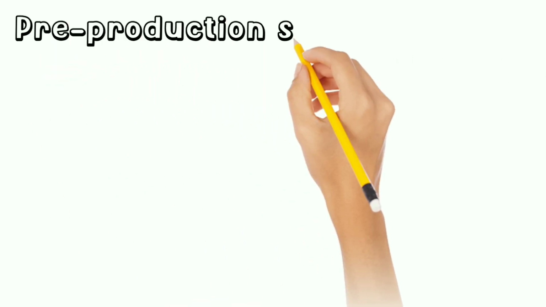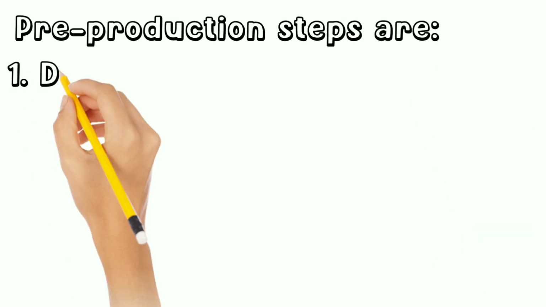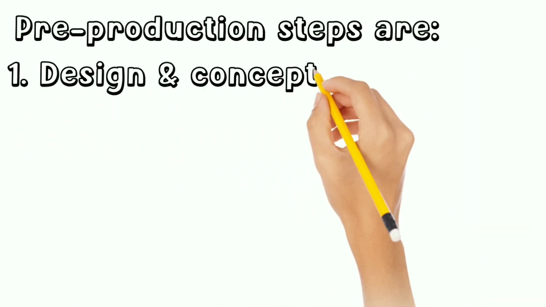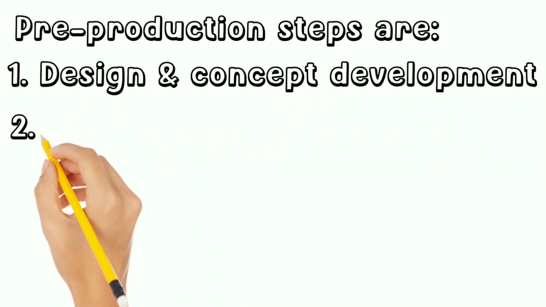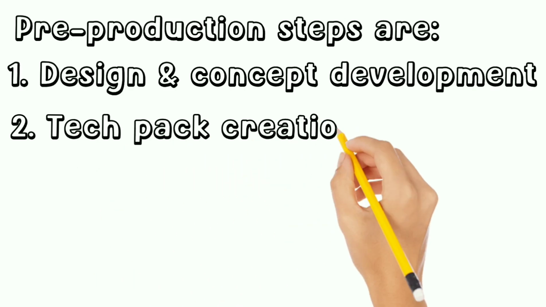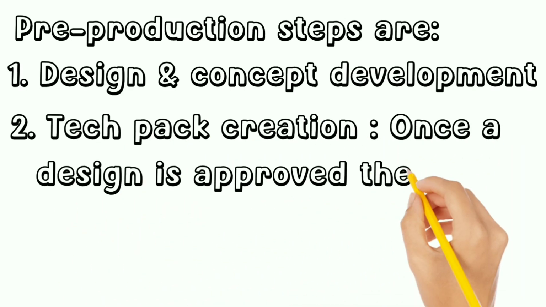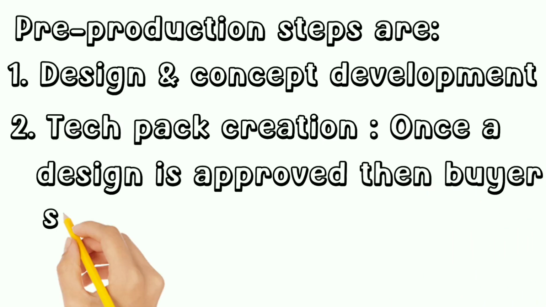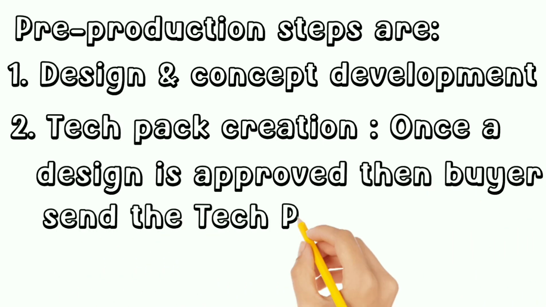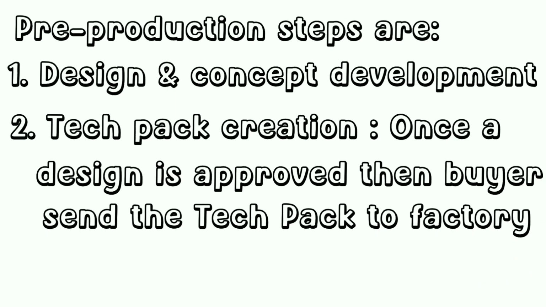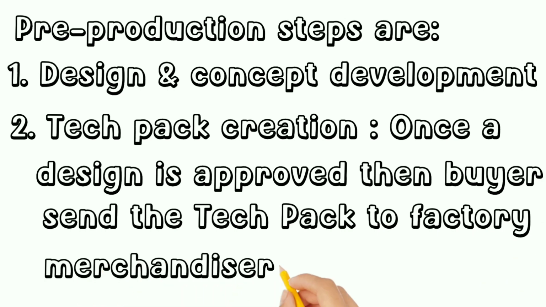Pre-production planning steps are: 1. Design and concept development. 2. Tech pack creation. Once a design is approved, then the buyer sends the tech pack to the factory merchandiser through the buying house.